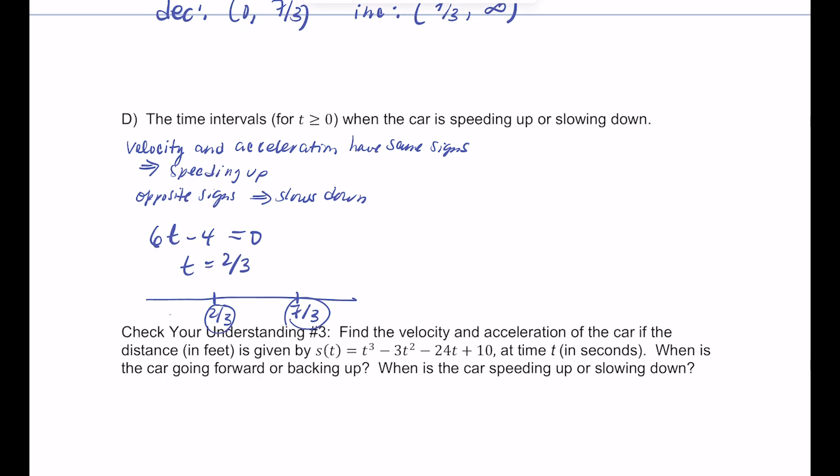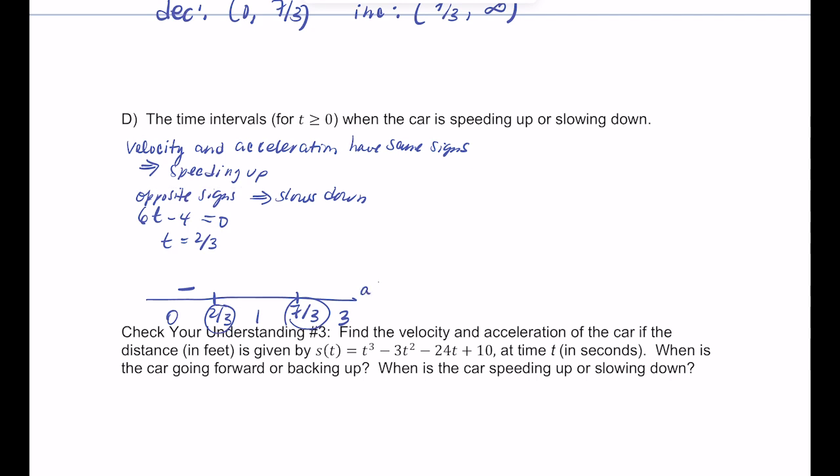Okay, and we'll pick some test points. 0 is the lowest we can pick, and then maybe pick like a 1, and then we'll do 3 again, okay? This time we're plugging it into the second derivative. So if I plug a 0 in, I get a -4. So that's going to be negative. Let me slide this up, and I'll label these to make it a little easier for you all.